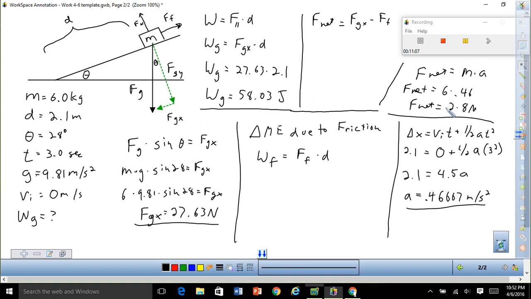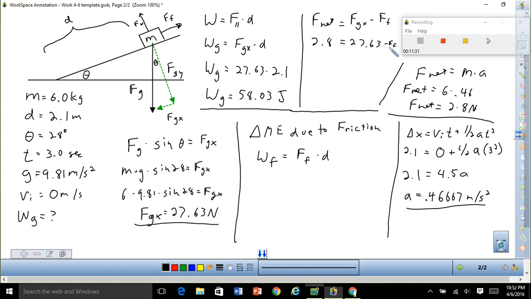In fact, when I used the original calculated value and multiplied it out, I ended up with exactly 2.8. That was awfully convenient. So 2.8 equals Fgx, 27.63, minus Ff.